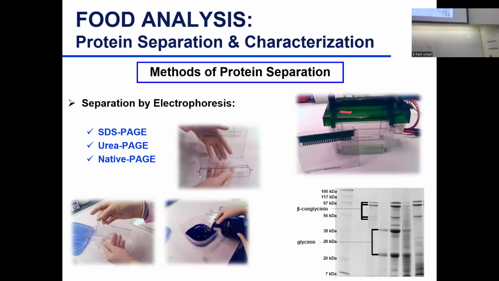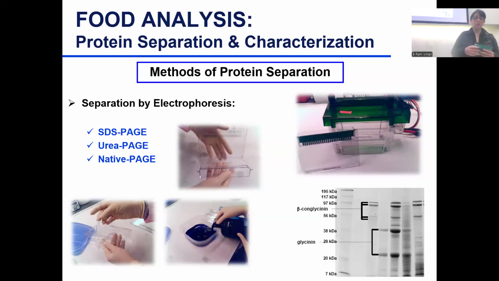Because they're all negatively charged, they're now separating based on size. So they're all going to separate based on molecular weight, moving in one direction down the gel when you apply voltage.